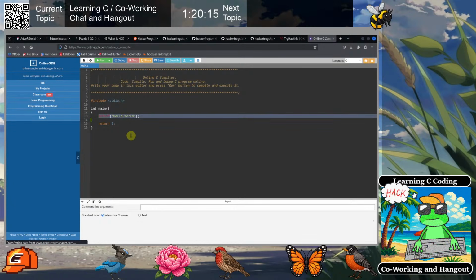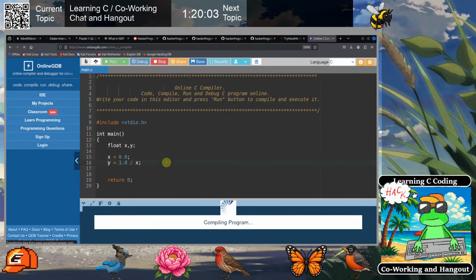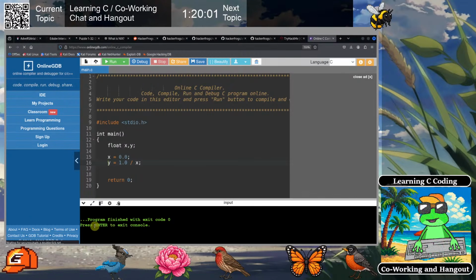So we can just put this inside of our code like this, and then we will run the code. Where's the run button? There it is. Finish program with exit code 0. Oh, so the compiler didn't yell at me.